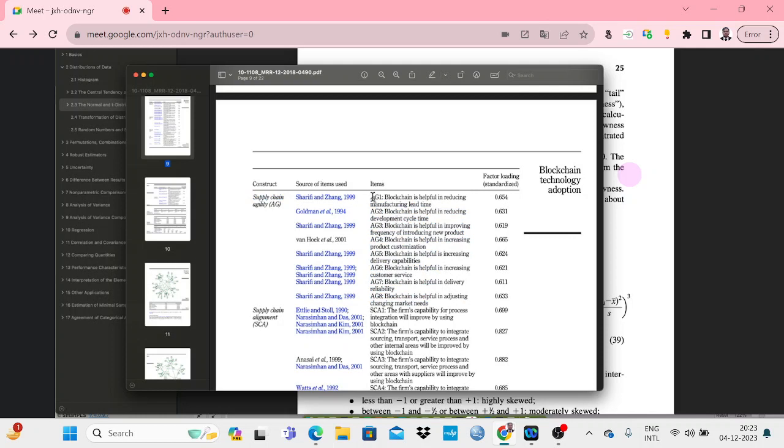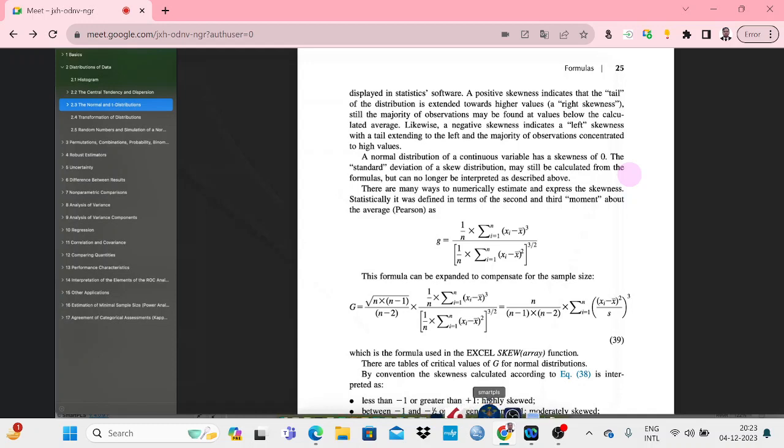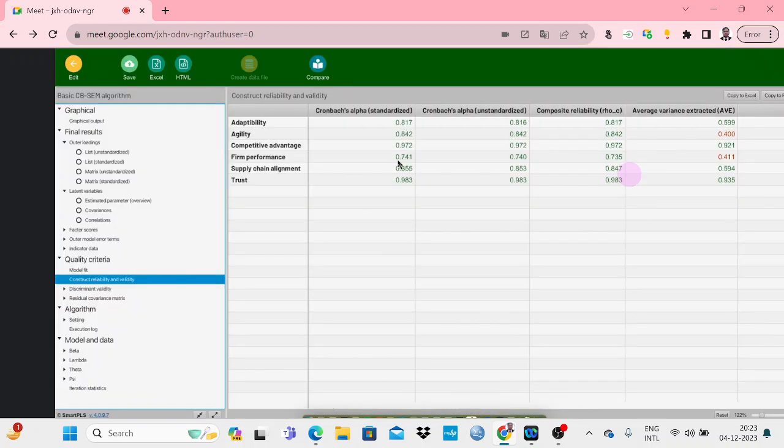It measures the internal consistency, that is, whether the responses are in the same direction or consistent. For good reliability, Cronbach alpha should be 0.7 or greater than 0.7.